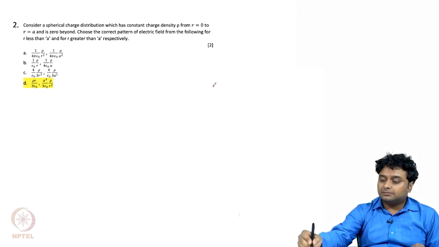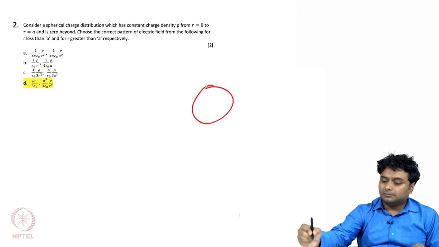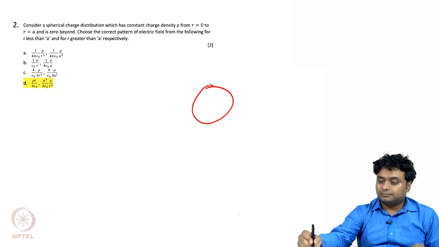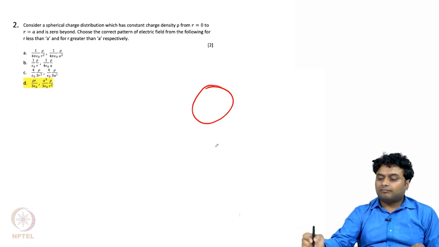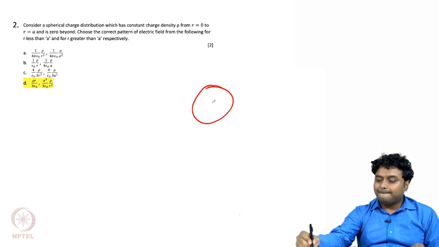Now let us say this is the sphere, and the radius is a, so this is a, and it has a charge density of rho inside.